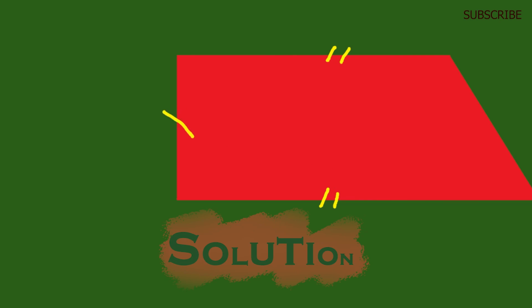Here this line and the opposite line are not parallel to each other. So these types of shapes, where only one pair of sides is parallel in this quadrilateral, are known as a trapezium.